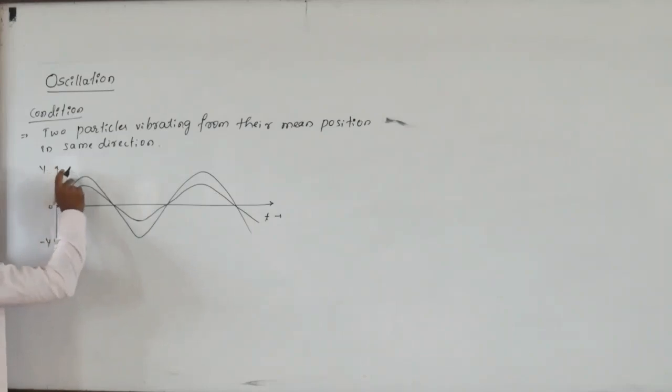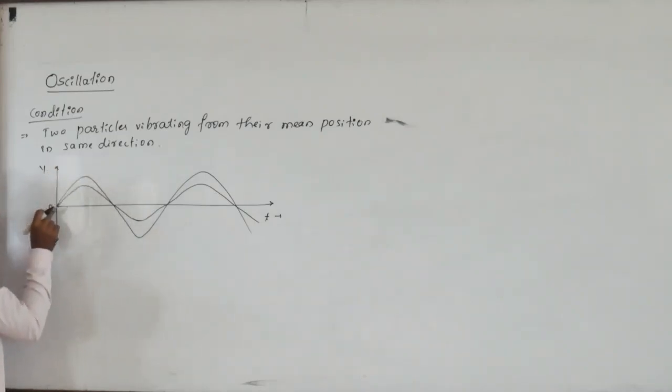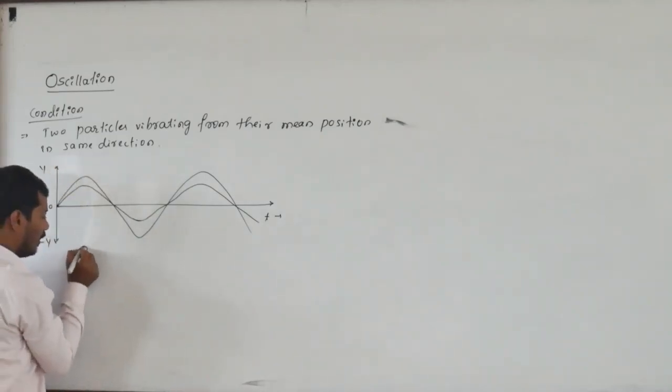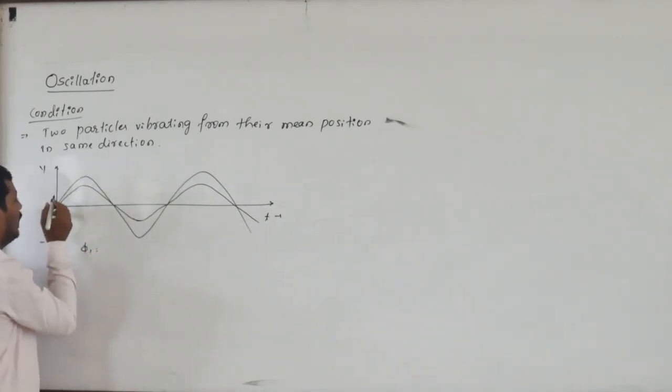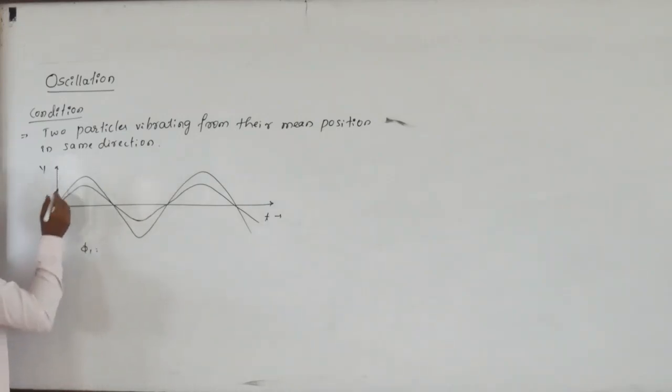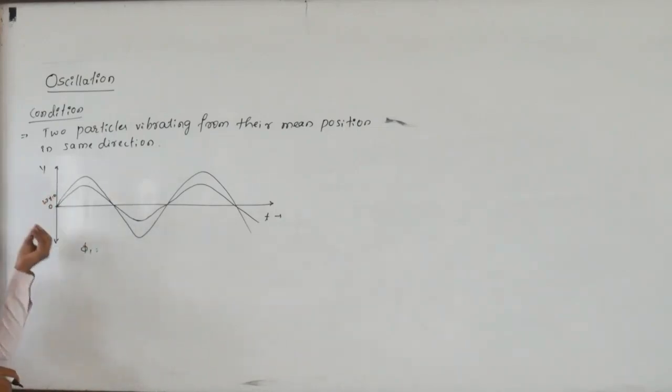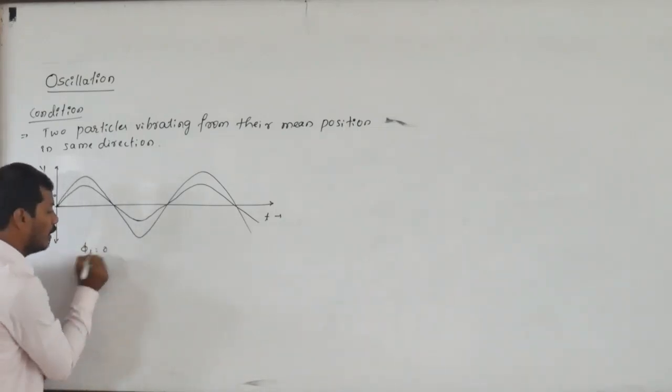The phase of the first one, which starts from its mean position: phi 1 is the initial phase. At the mean position, omega t is 0. If the time is 0, then phi 1 is 0.